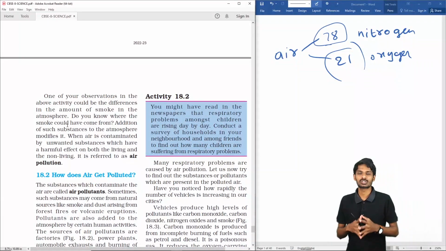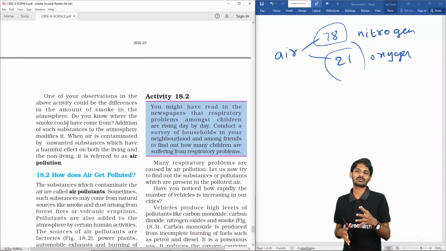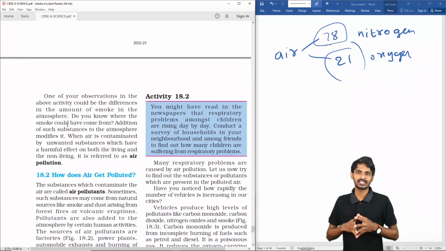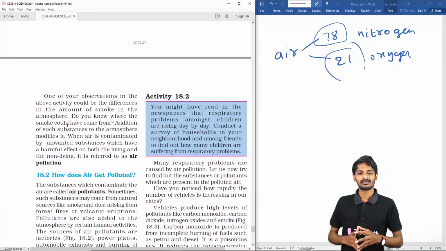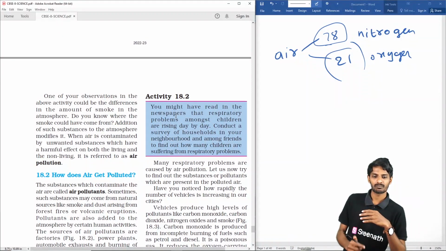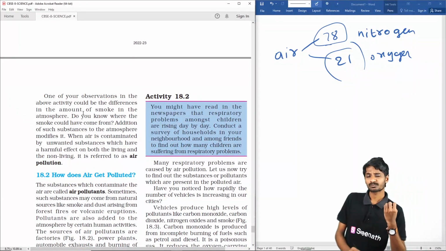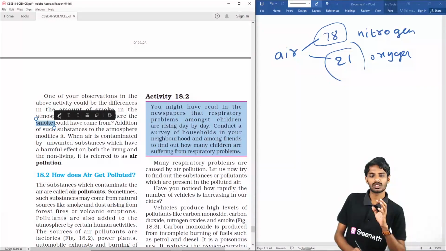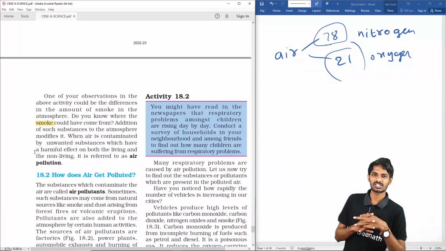So if the air is good, if the air has the fixed proportions, if the air does not have any pollutants, then you feel much better. You feel better mentally and physically. But what happens? On busy roads, due to the smoke from the vehicles, the smoke from the industries, and smoke from different sources, our air is getting contaminated.